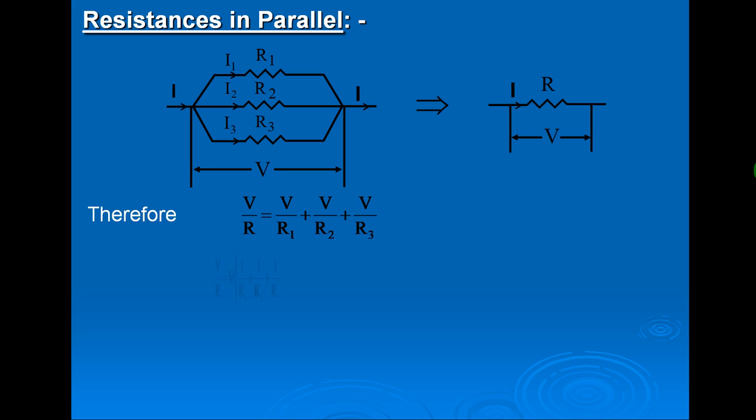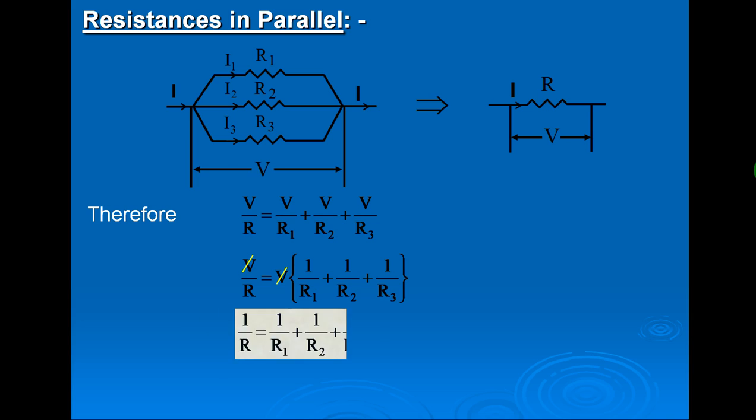On the right hand side, we can take V common. Therefore, V upon R is equal to V into 1 upon R1 plus 1 upon R2 plus 1 upon R3. Now V and V cancel each other. Therefore, we get 1 upon R is equal to 1 upon R1 plus 1 upon R2 plus 1 upon R3.